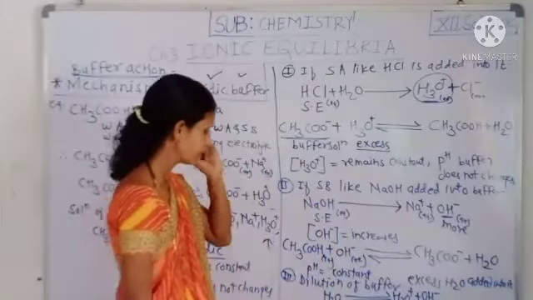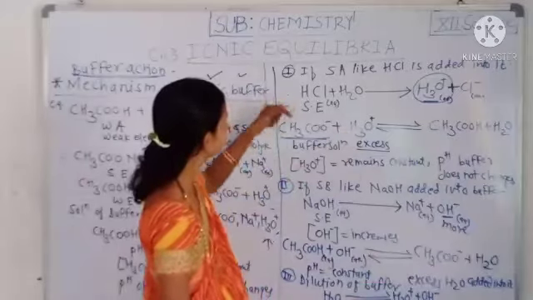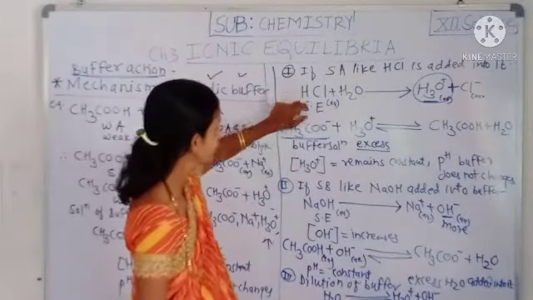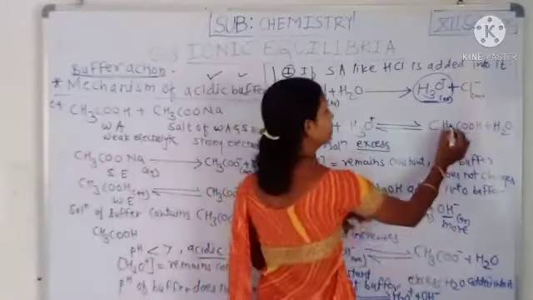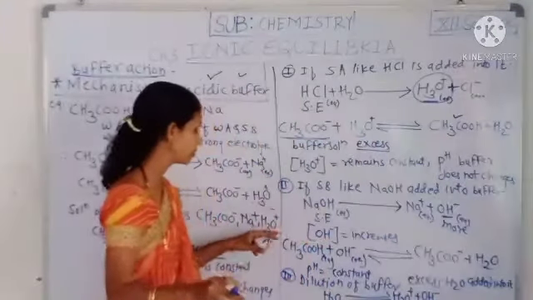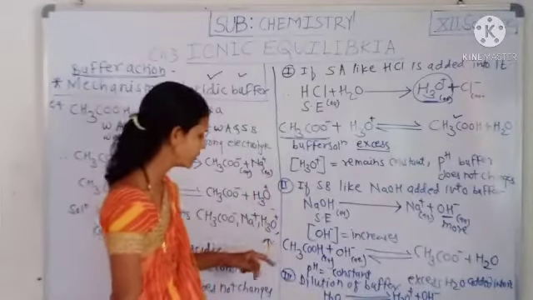But here the H3O+ from water reacts with acetate ion. That acetate ion neutralizes the H3O+ of water, and the concentration of H3O+ remains constant, and the pH of the solution does not change.